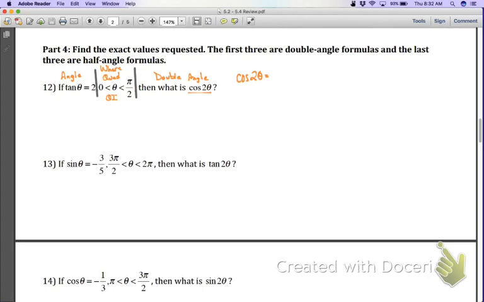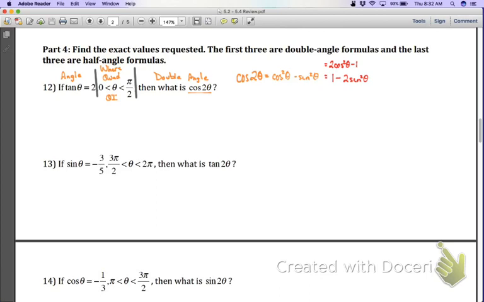The one I'm going to do is cosine squared of theta minus sine squared of theta. I'm just picking the first one. I'll write the rest of these. You could do 2 cosine squared theta minus 1, or you could do 1 minus 2 sine squared theta.